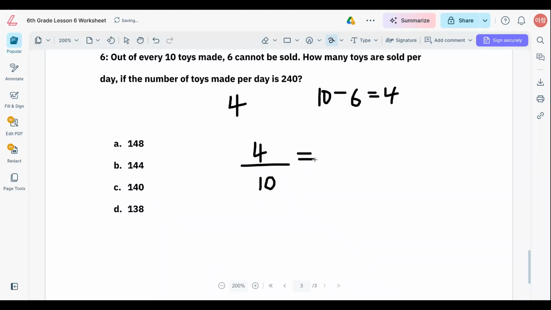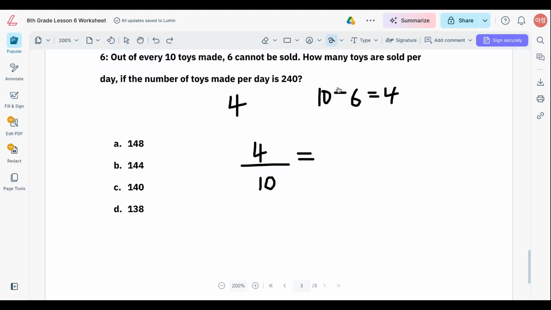And we can use this ratio. Well, we can actually simplify it. So 4 divided by 2 is 2. And then 10 divided by 2 is 5. No. But since it's 240, actually, I think not simplifying it might actually be more helpful.